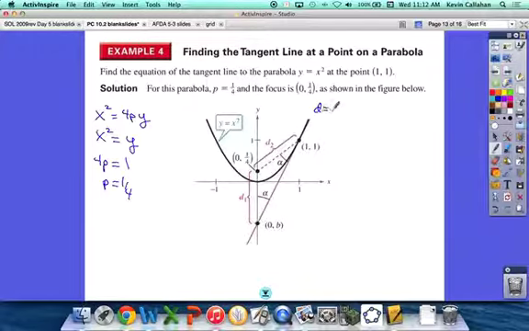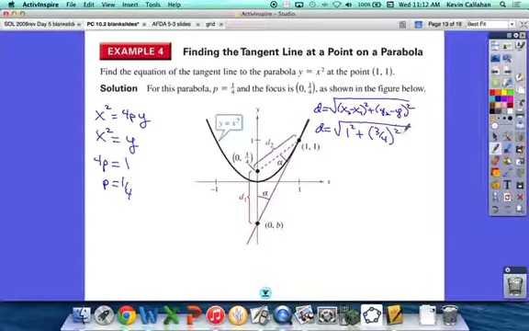Remember the distance formula, if I have to remind you, is x2 minus x1 squared plus y2 minus y1 squared. In this problem, that will be the square root of 1 minus 0, which is 1 squared, plus 1 minus 1/4, which is 3/4 squared.